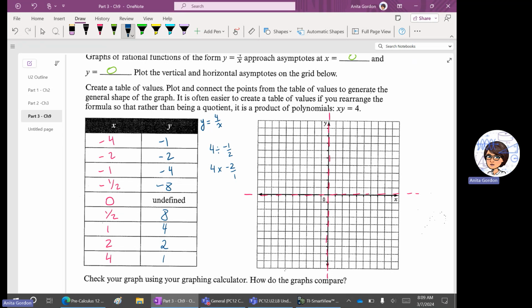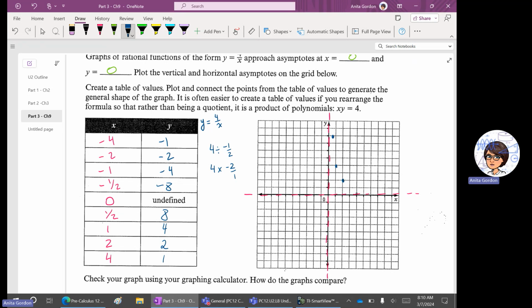Okay? So looking at the graph, I cannot touch the 0, but if I go to 1/2, I am at +8. 1, 2, 3, 4, 5, 6, 7, 8. At 1, I'm at 4. 1, 2, 3, 4. At 2, I'm at 2.